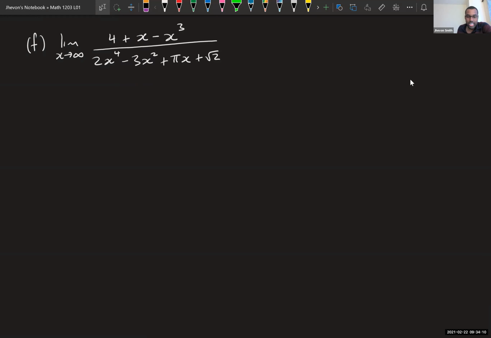It turns out this is actually a very special situation. Here's what I want you to notice. First, it's a limit at infinity. So what we're going to do is simplify, because plug-in doesn't work.